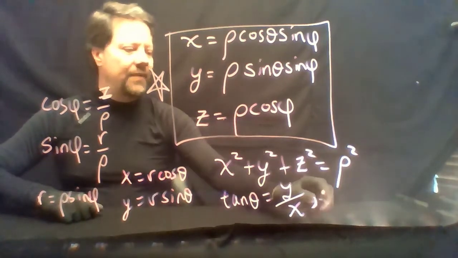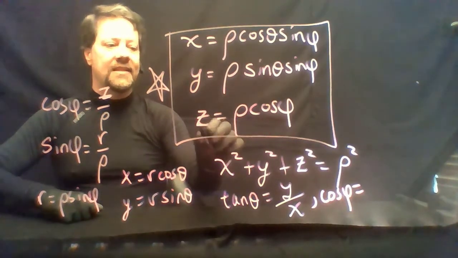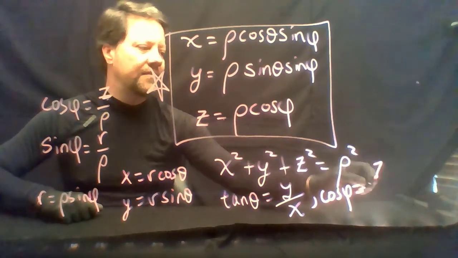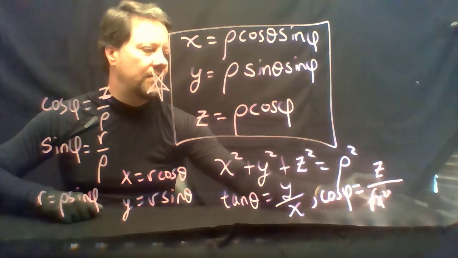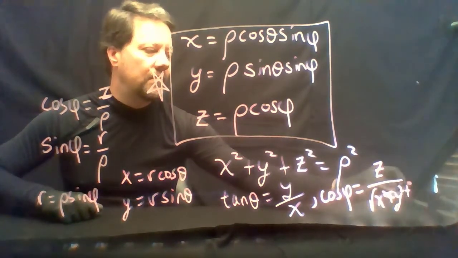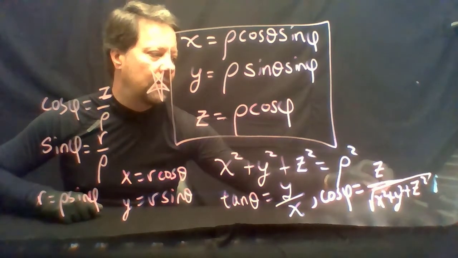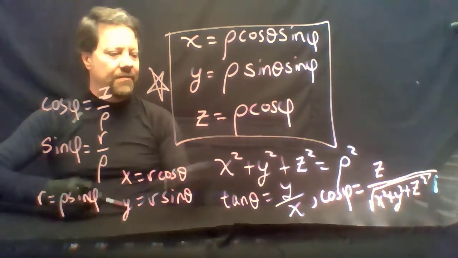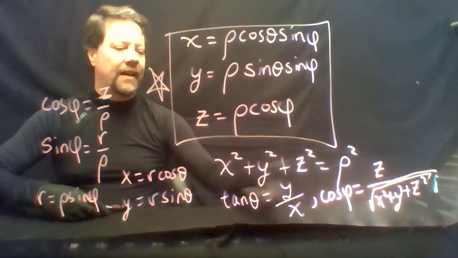To find phi, we have cosine phi is z divided by rho, and rho can be found from here. So with these formulas, if you know x, y, and z, you can figure out rho, phi, and theta.